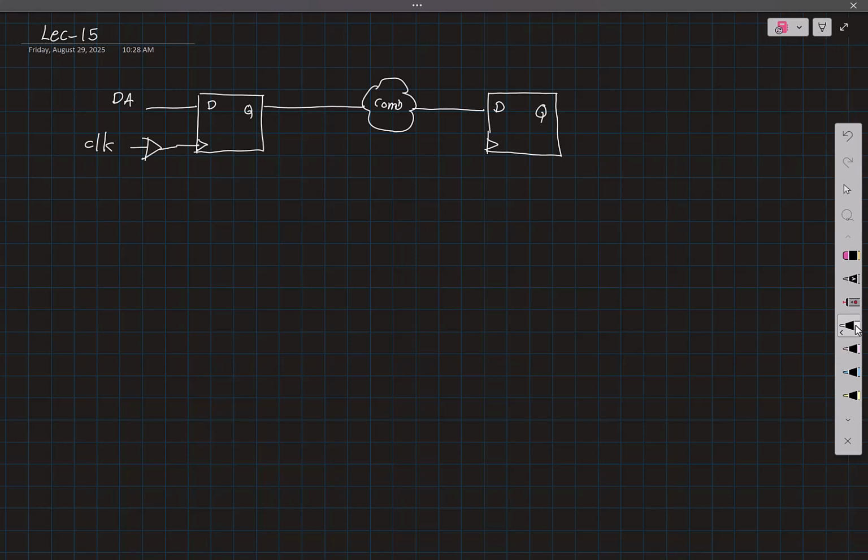And the critical part for this question was the fact that there was a buffer in the clock path. Right? And the question was, if you changed this buffer delay, how does it affect the hold slack? So let me generalize. If you change this buffer delay, how does it affect either the hold or the setup slack?